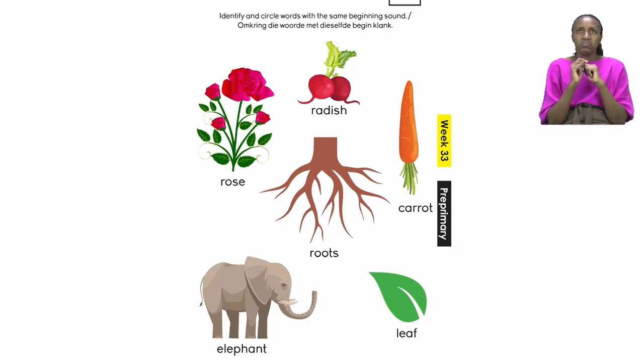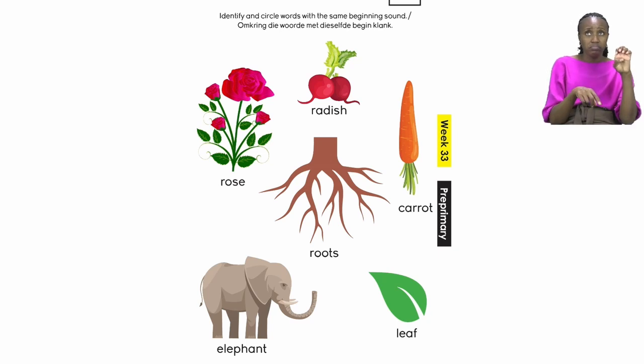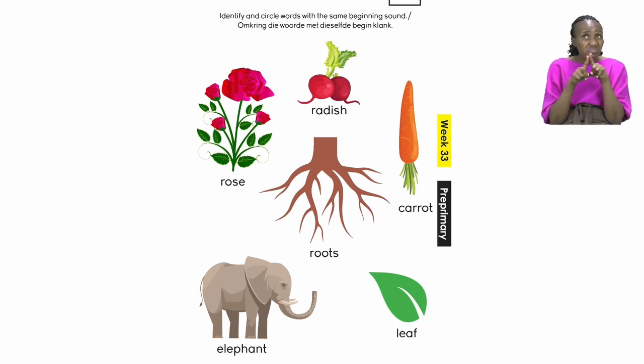How about with the elephant? Let's start with the rose. Rose. Elephant. No, they don't have the same either. So don't circle the word carrot, leaf, and elephant.